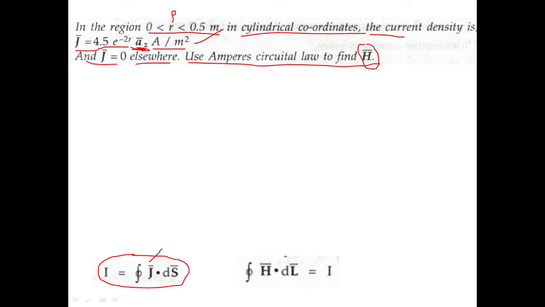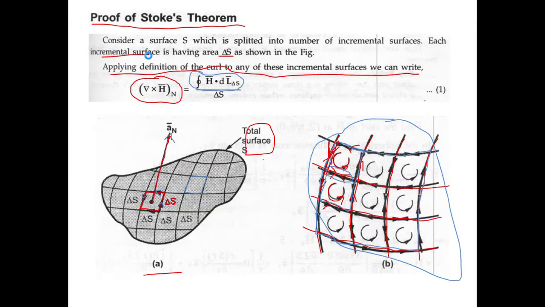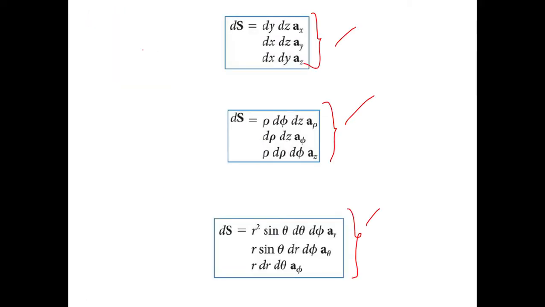When AZ is a unit vector, what is the value for ds vector? ds vector when AZ is a unit vector is nothing but this one. I'll show you. Yes.